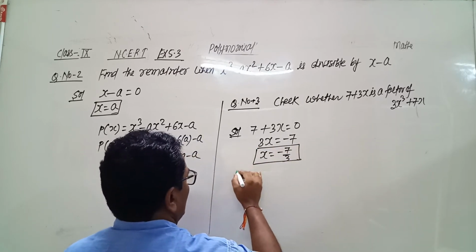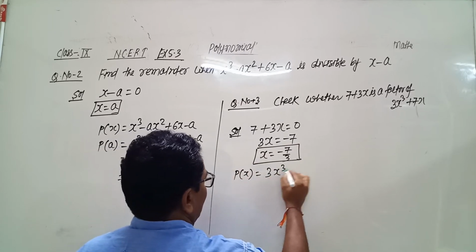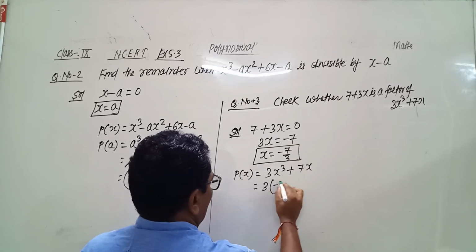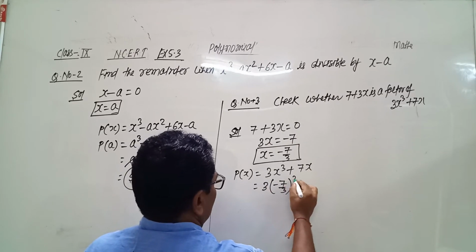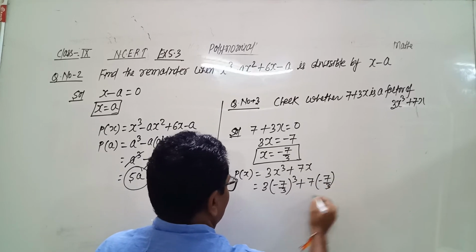Now the given polynomial p(x) is 3x cubed plus 7x. We put the value of x: 3 into minus 7 by 3 to the power 3 plus 7 into minus 7 by 3.